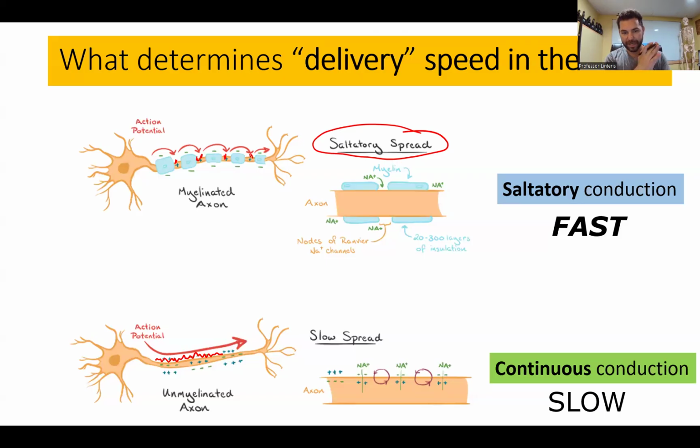Myelinated axons will send a message way faster than an unmyelinated axon. And we see that node of Ranvier, and that is the gap in between the myelin sheaths. Got it all there. Continuous versus saltatory conduction. Be familiar with both of these terms.